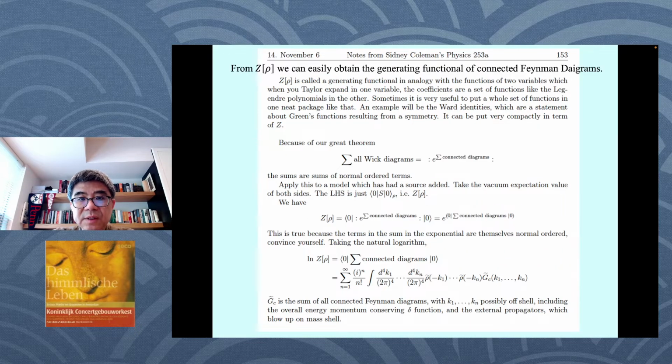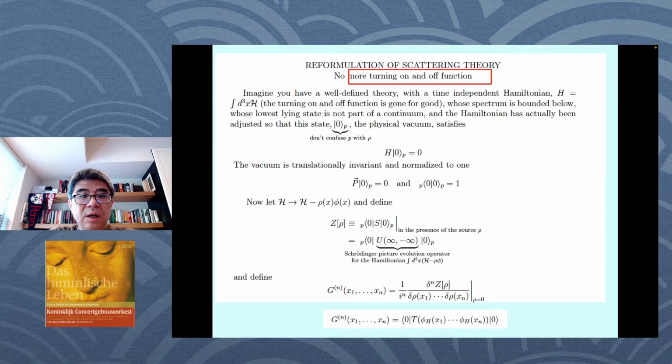So with this in mind, we go back to the reformulation of scattering theory. The point is now I don't need to introduce anymore the turning on and turning off function f in our exposition. Here Coleman gives a very short summary of the basic assumption of this reformulation.